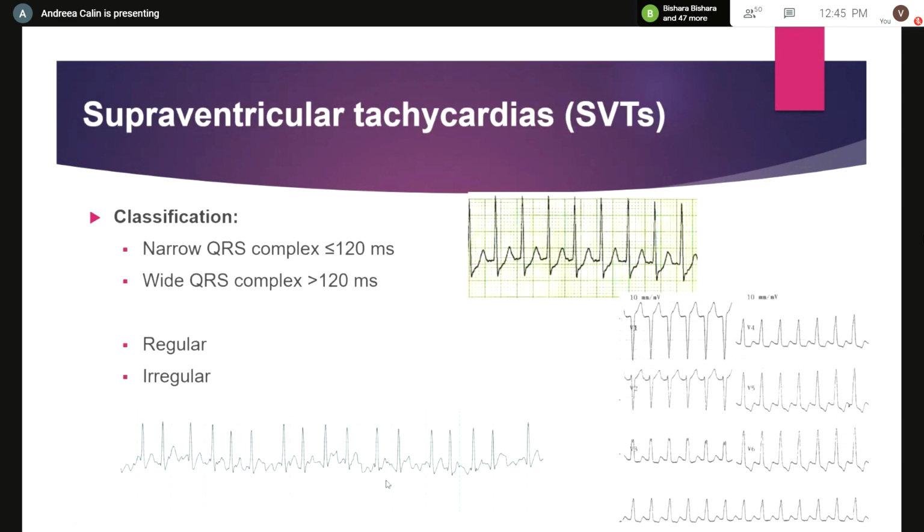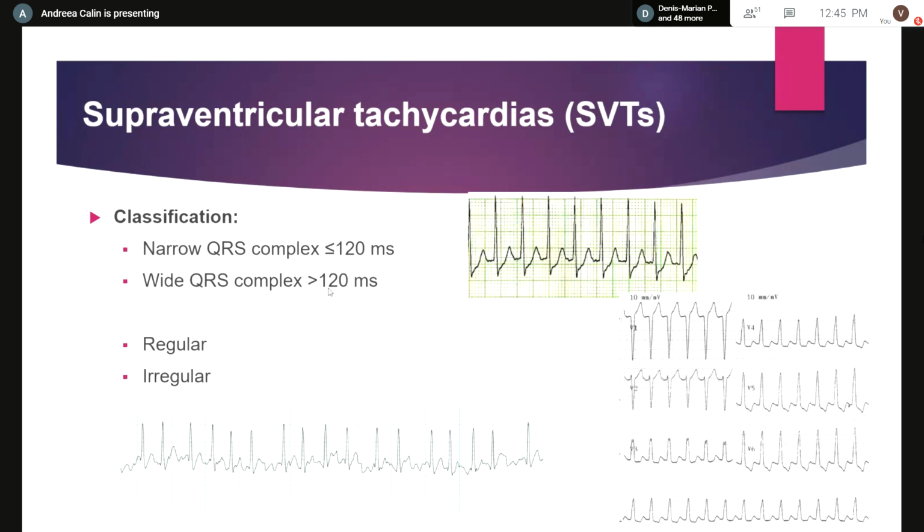You will see in the next slides. And also, to classify broadly speaking the supraventricular tachycardia and the tachycardia itself, you should see if the QRS complex is narrow or wide, and this is very important to measure.